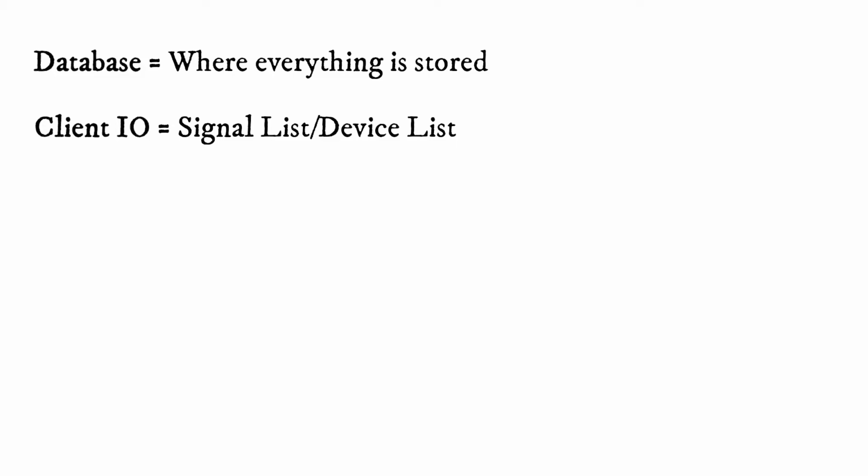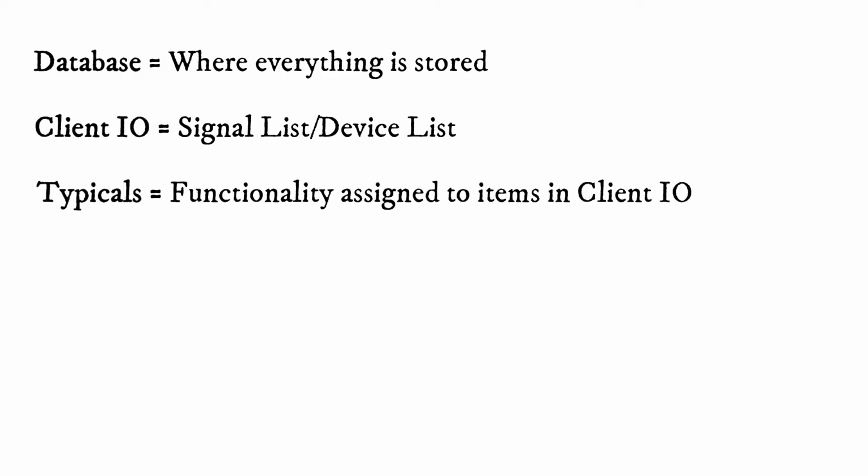What you can also do is store items in there, and items will have signals underneath them, right? And the way you do that is you use typicals to create items or devices or whatever you want to call it, functionality that has inputs and outputs, and those inputs and outputs are stored under that item.